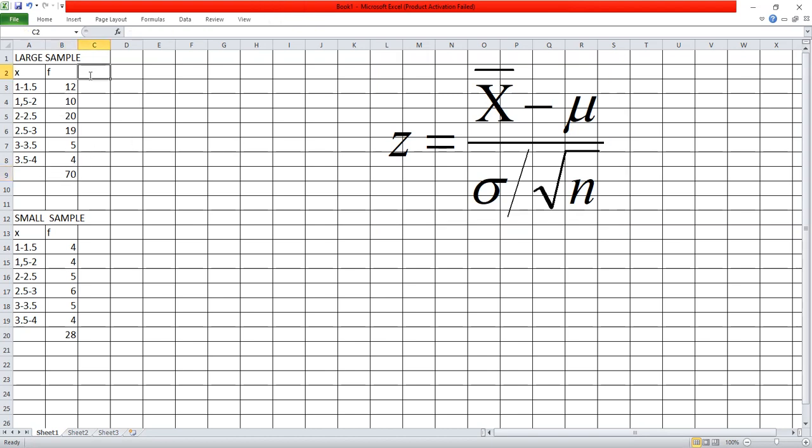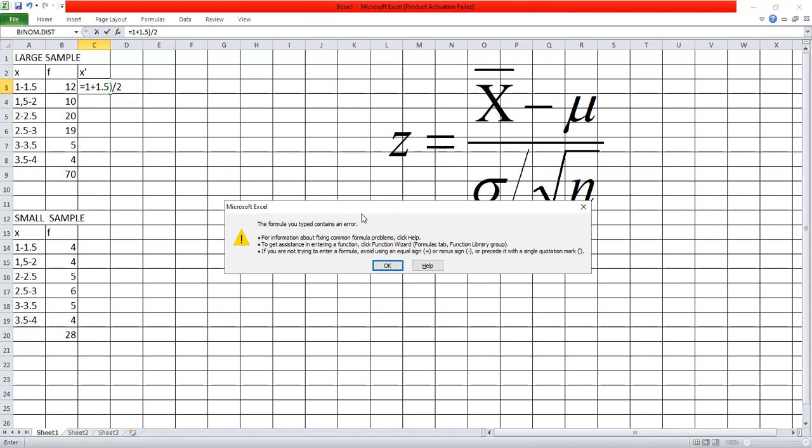So I need X cap here. X cap, of course, we know is 1 plus 1.5 divided by 2. That's the first X cap.